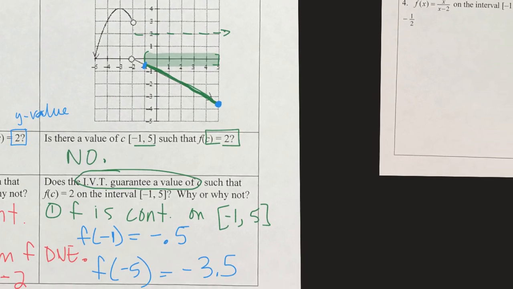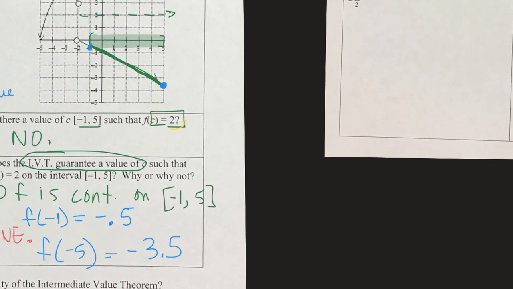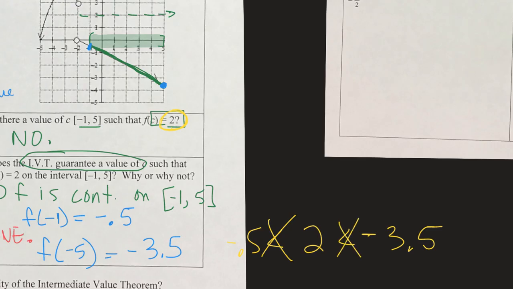The third thing is we have a k value of 2. Is 2 between negative 0.5 and negative 3.5? No, it is not. 2 is not between those 2 numbers. So the IVT cannot guarantee that value because it's not between your 2 endpoints.